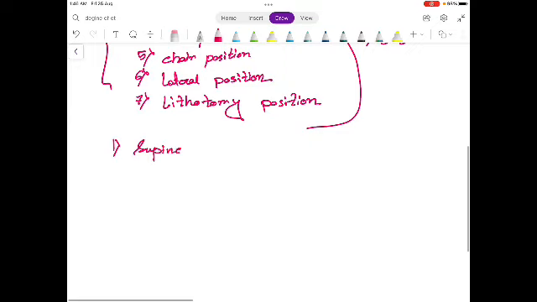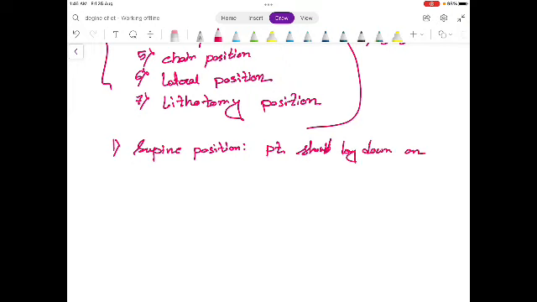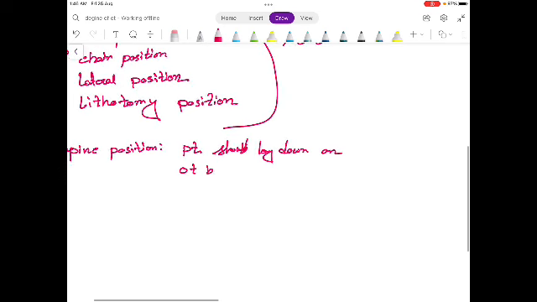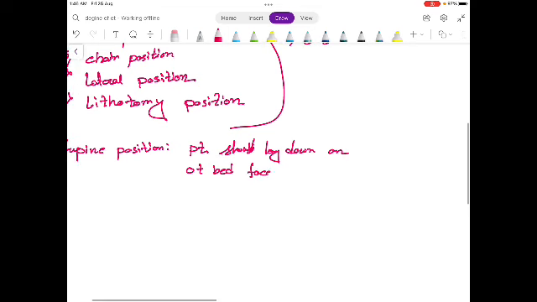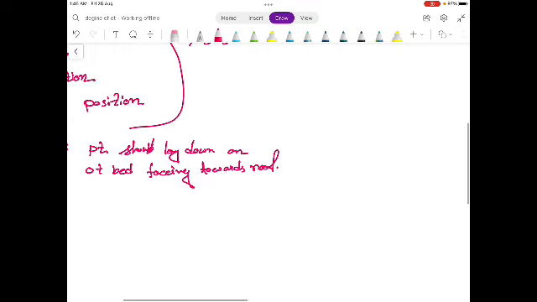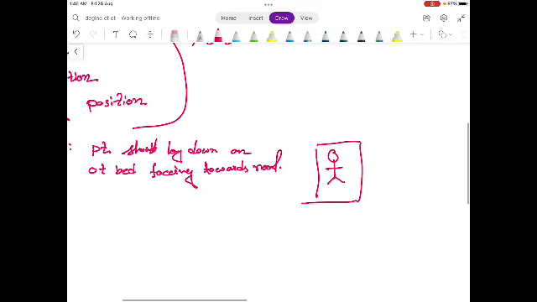In supine position, the patient should lay down on the OT bed facing towards the roof.